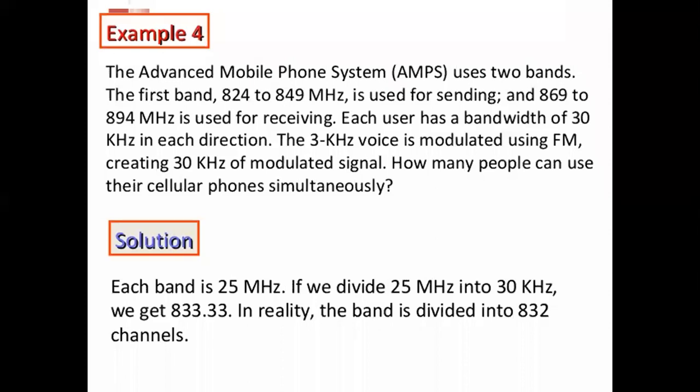Each user has a bandwidth of 30 kHz in each direction. The 3 kHz voice is modulated using FM, creating 30 kHz of modulated signal. How many people can use their cellular phone simultaneously?